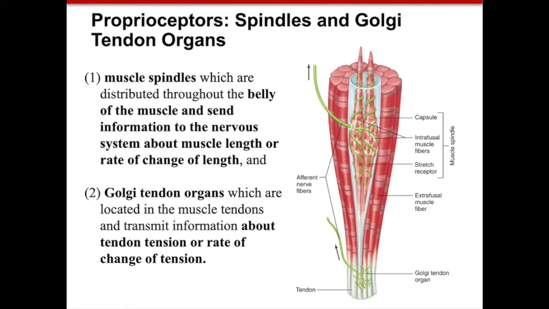The muscle spindles detect changes in muscle length and changes in the rate of the change of the length. The Golgi tendon organs do a comparable task, detecting changes of tension and the rate of change of tension for the tendons.